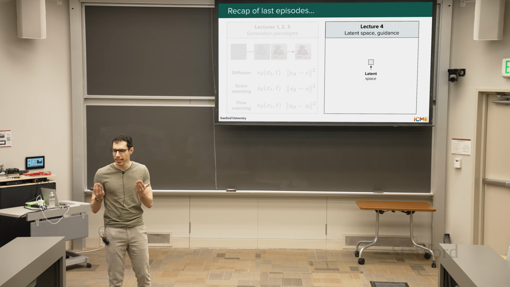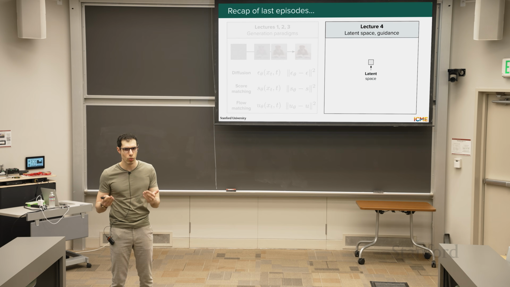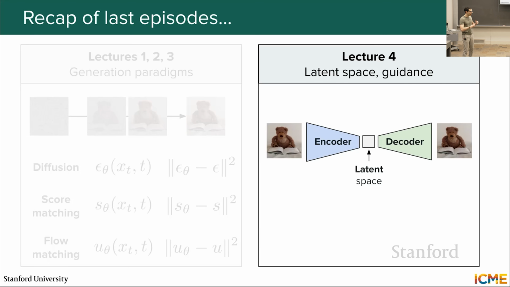And we want the representations to be meaningful. So what does meaningful mean? It means having some structure to the space, because what we want is our model to have an easy time learning this generation process. And we focused on the VAE, variational autoencoder, which was structuring the latent space by having some constraints on how the distribution was behaving over the latent space.